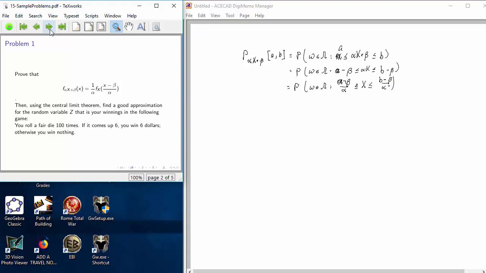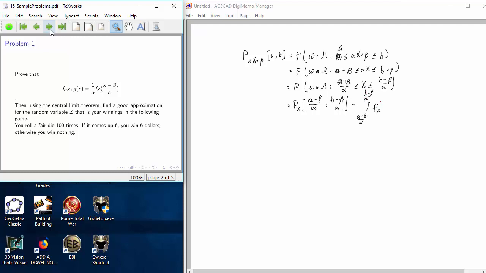And now, assuming that x is completely described by a density function, this is the probability that x is in between a minus beta over alpha and b minus beta over alpha, which in turn is the integral of the density function from a minus beta over alpha to b minus beta over alpha.